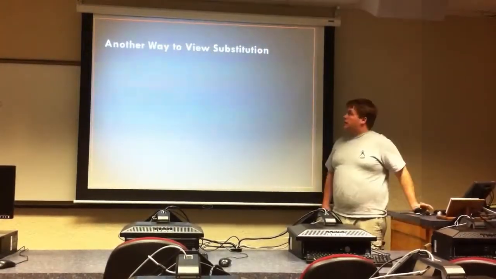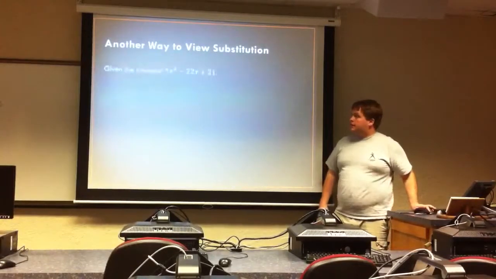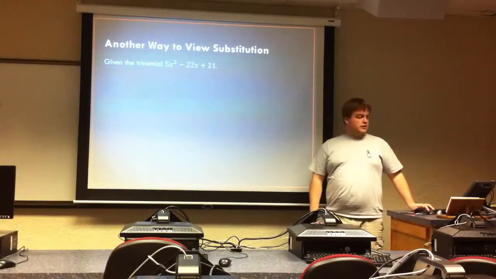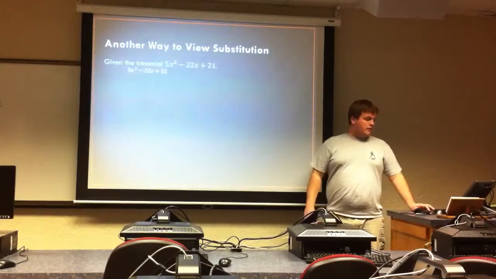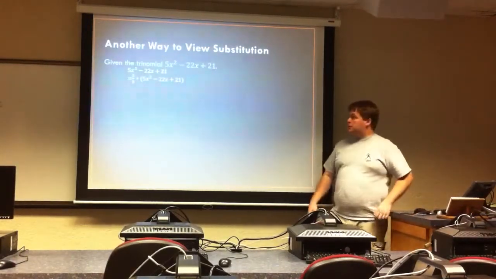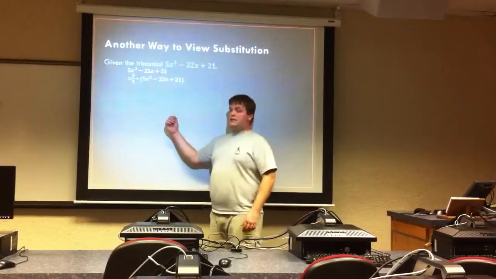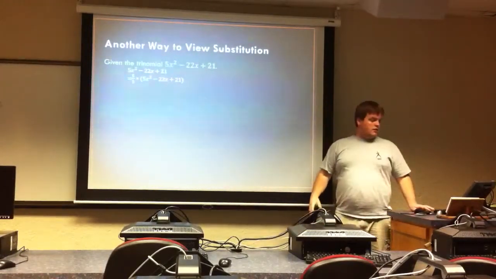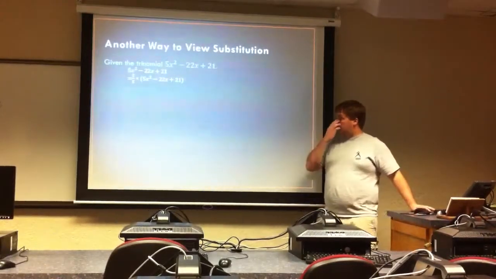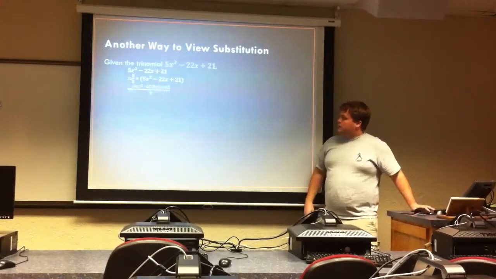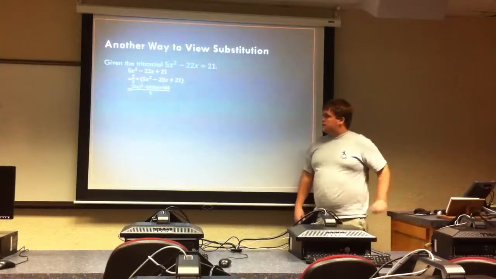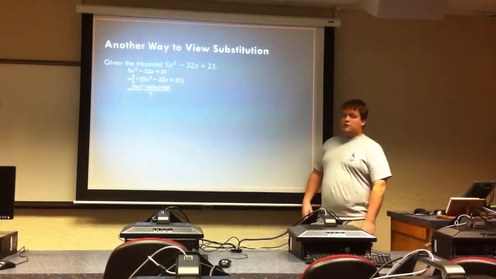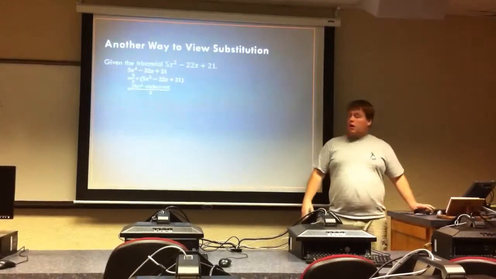Another way that we can view the substitution technique is to get our trinomial, 5x squared minus 22x plus 21, and we multiply it by the multiplicative identity of 1, which is 5 over 5, which gives us the perfect square of the a value. We then distribute the 5, which gives us (5x) squared minus 22 times 5x plus 105, which we saw previously, all over 5.